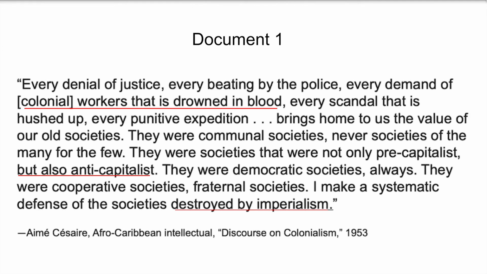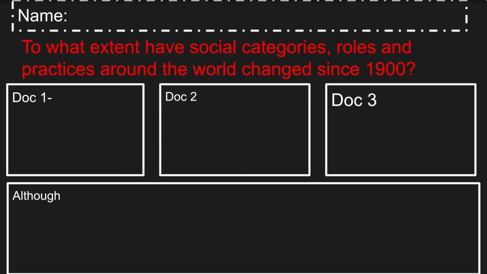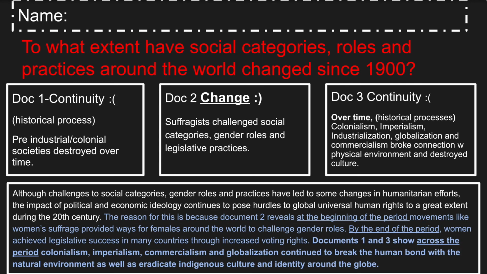In the middle of the period, reflecting document 1, it's still going on in 1953, and all the way in 2004 at the end of the period, there's still evidence that it is occurring and the lasting impact over time. So now we have document 1 and document 3 are the continuity over time, which stayed the same. Document 2 is the change.